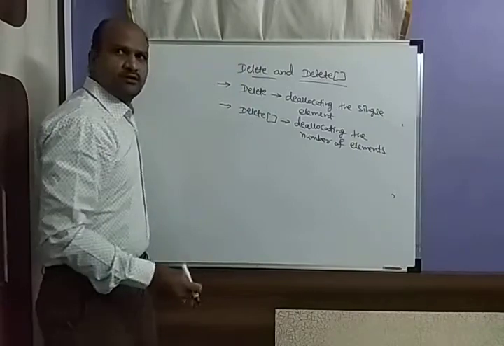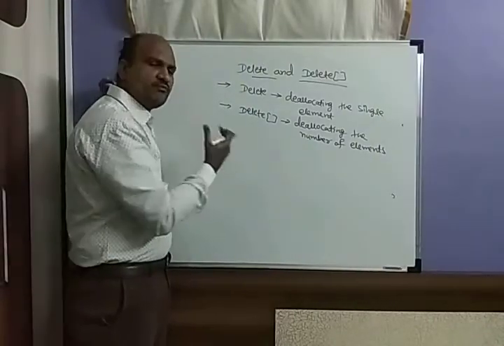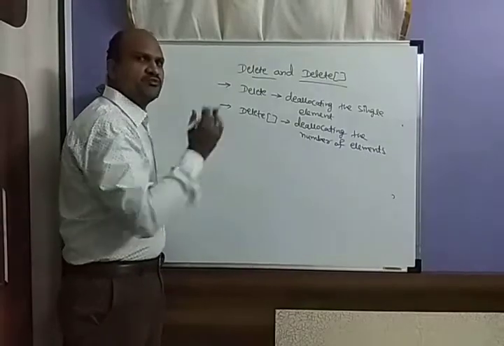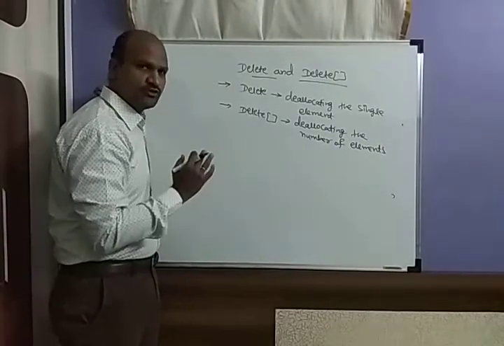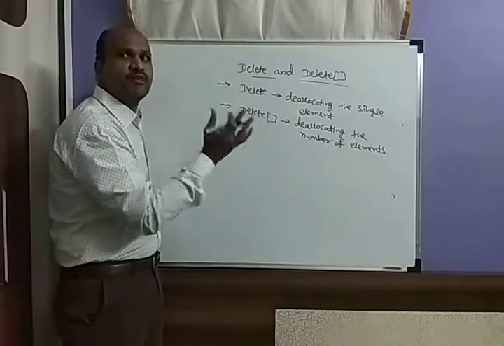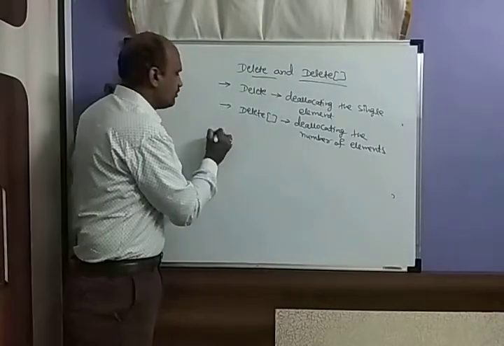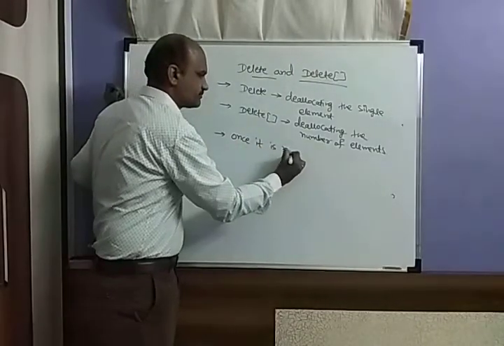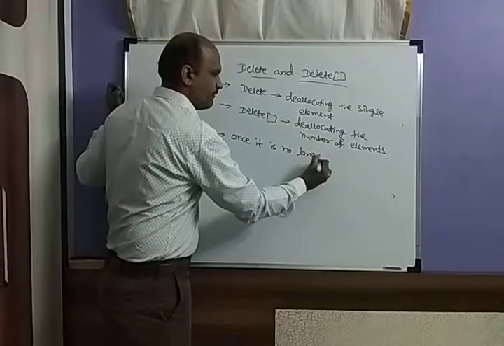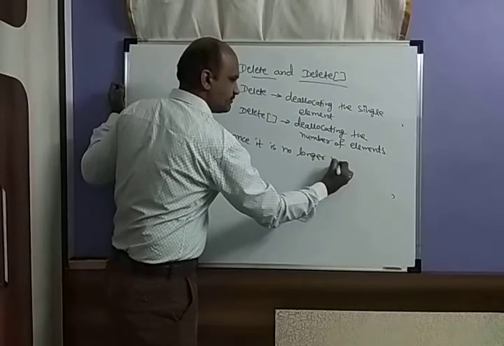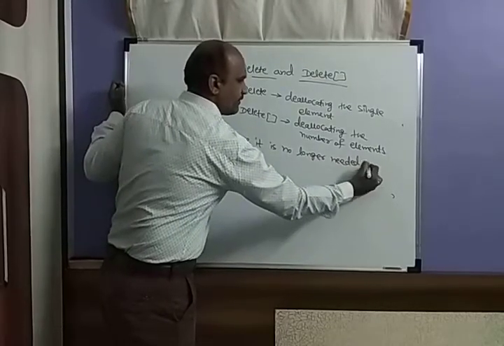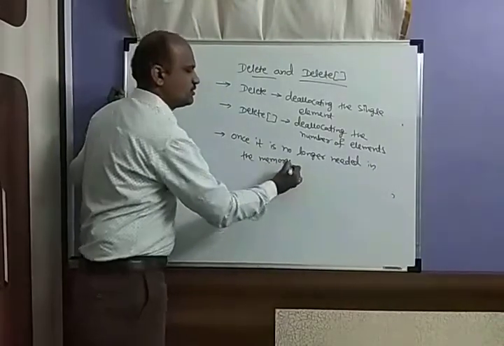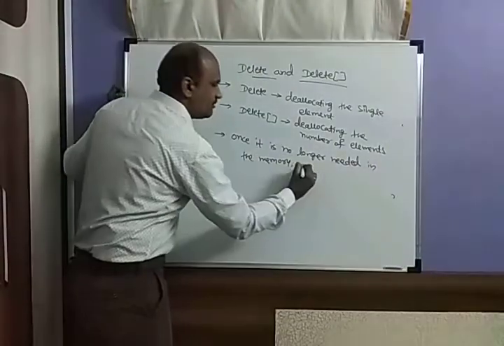Some memory space is required and some memory space is no longer used. That can be freed. Once it is no longer needed in the memory, it can be freed.